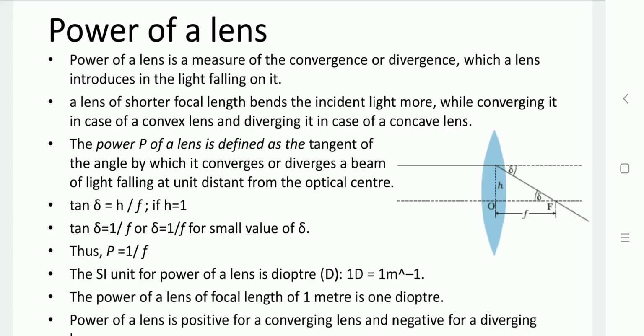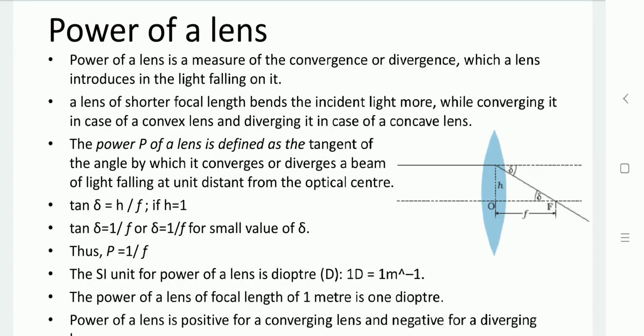So power of a lens is defined by the tangent of the angle by which this convergence or divergence of the light beam is produced at unit distance from the center of the optical lens.